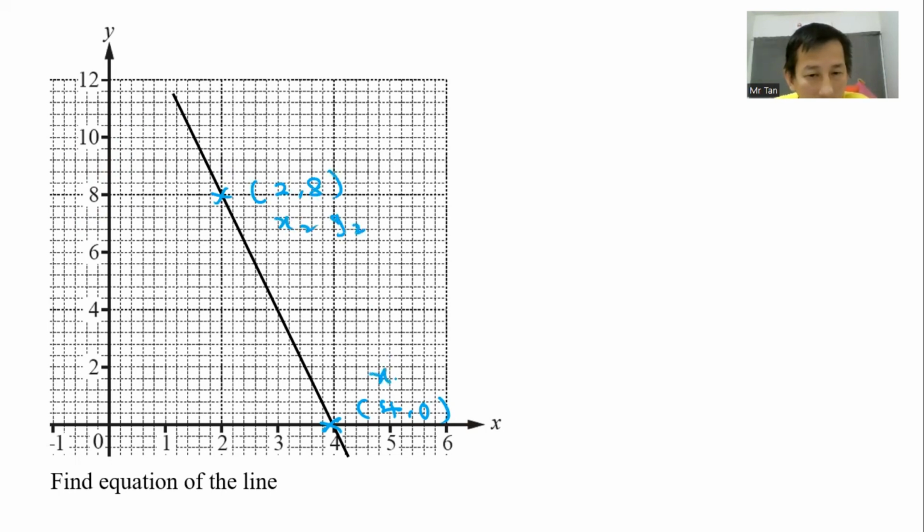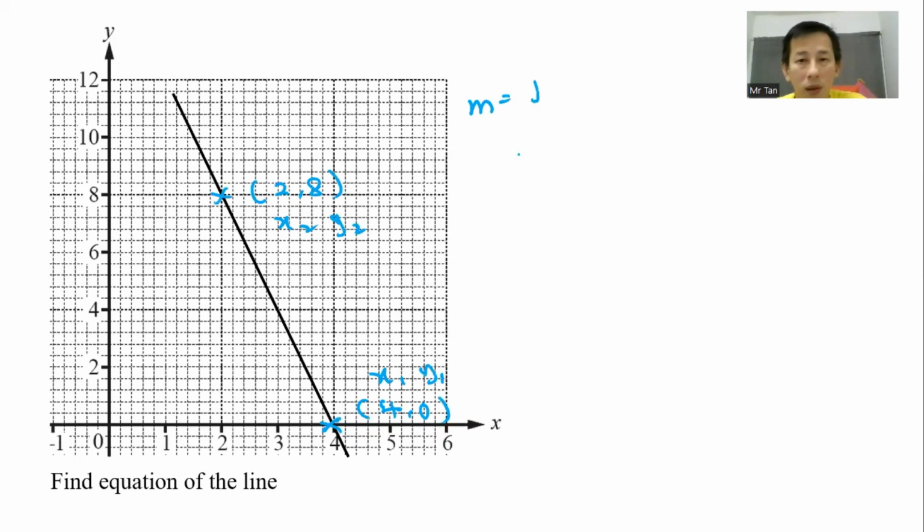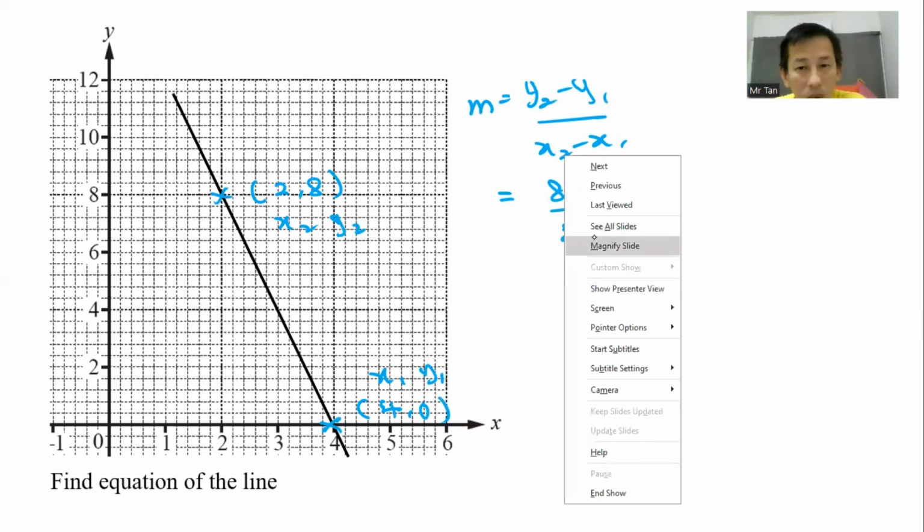This is x1, y1. So your m equals y2 minus y1 over x2 minus x1. That will give you 8 minus 0 over 2.